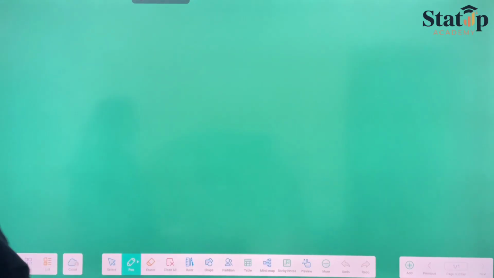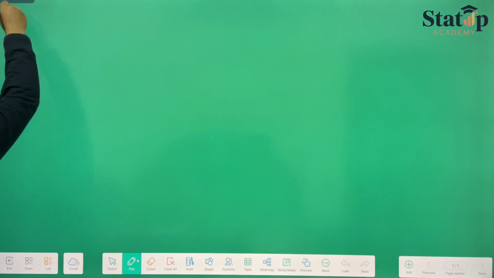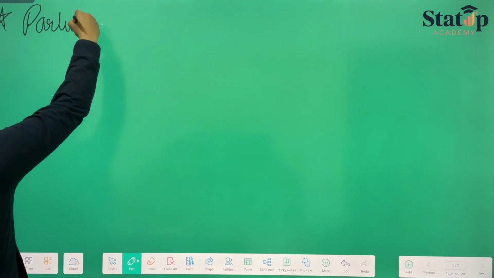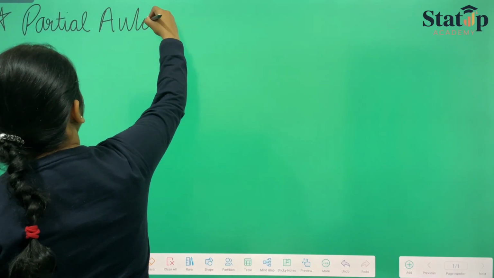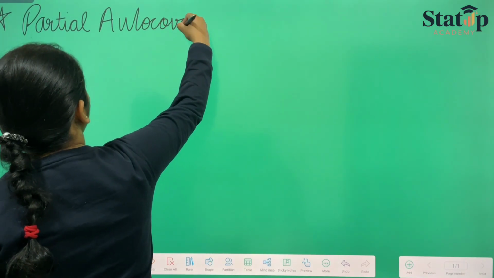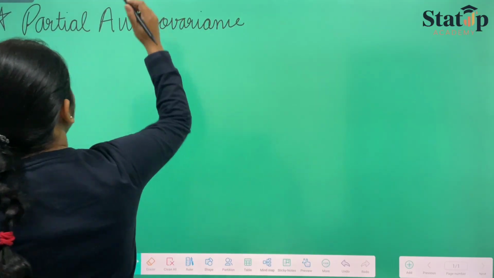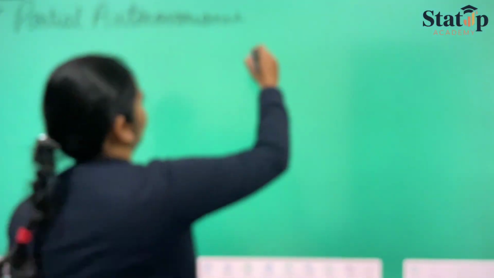So let us begin. Now, what is partial autocovariance function? First, I'm defining it, and then we'll see what is the difference between partial autocovariance function and autocovariance function.